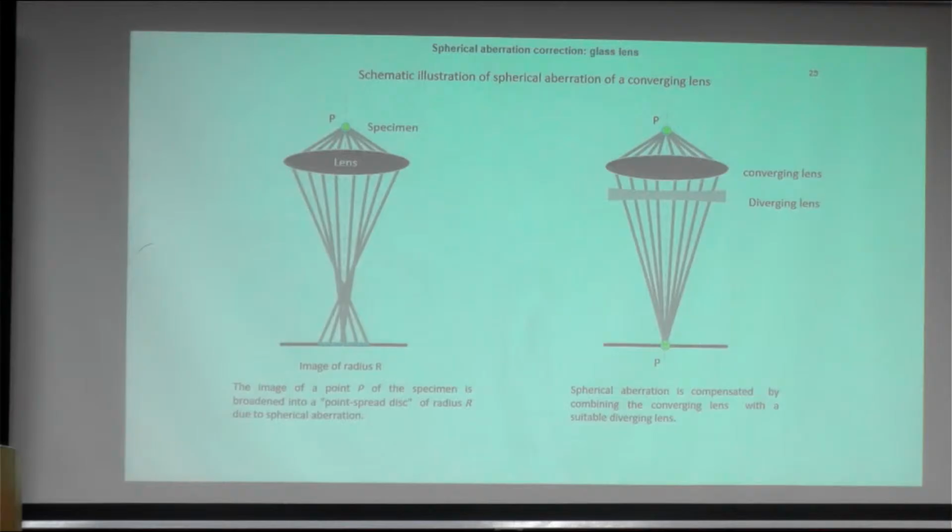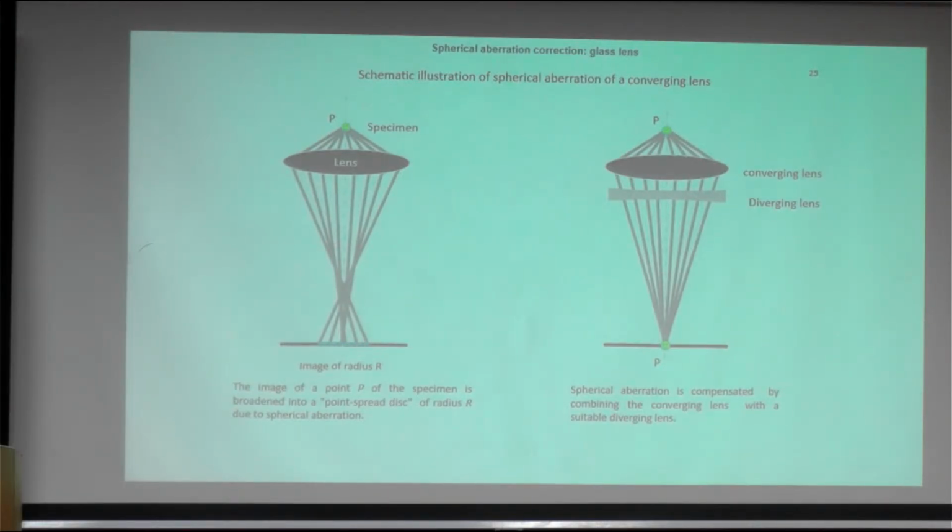So how is the correction done in the case of glass lenses? In the case of optical microscopes, you have a convergent lens, and if you insert a divergent lens, then you can correct this problem with many focal points. If you look at this ray path diagram, the focal points make your image larger and blurred, which brings this point P to a larger point.